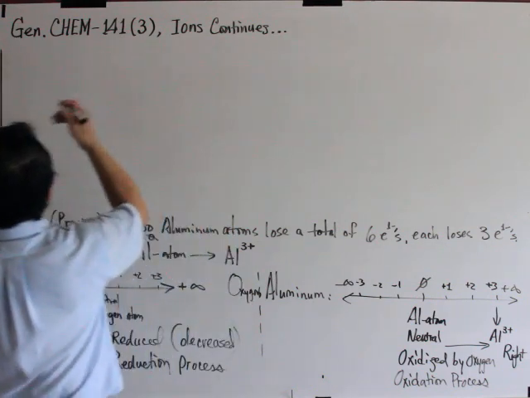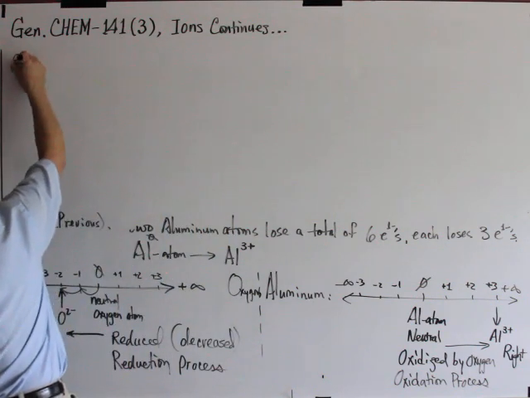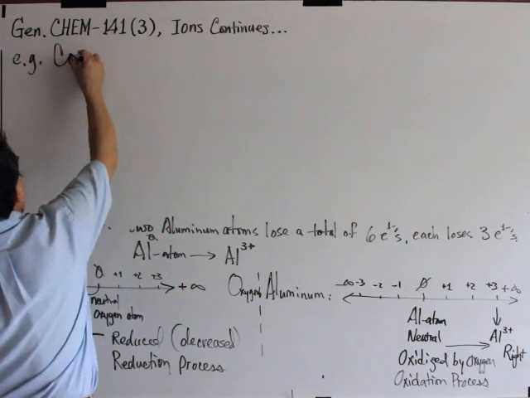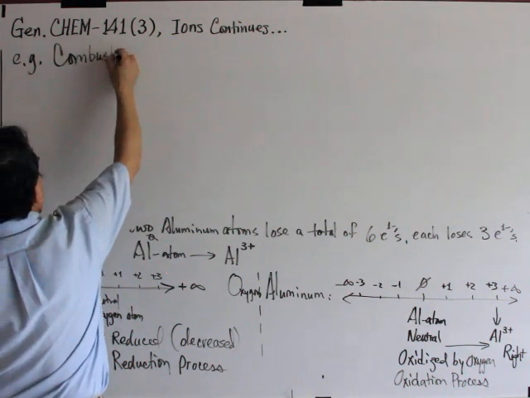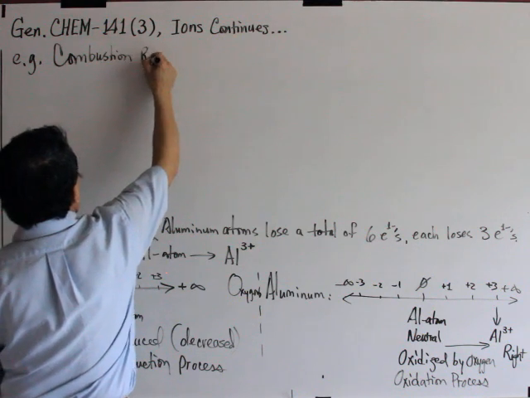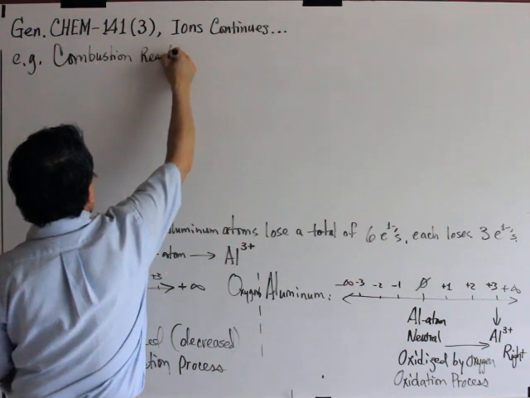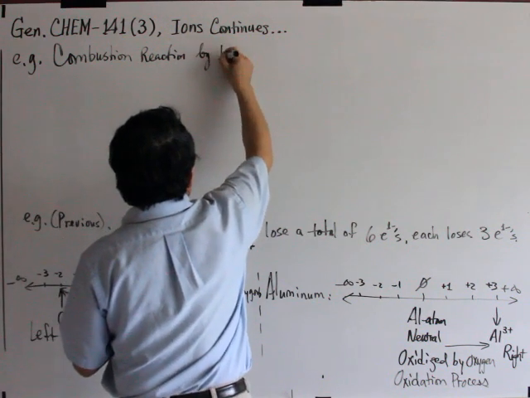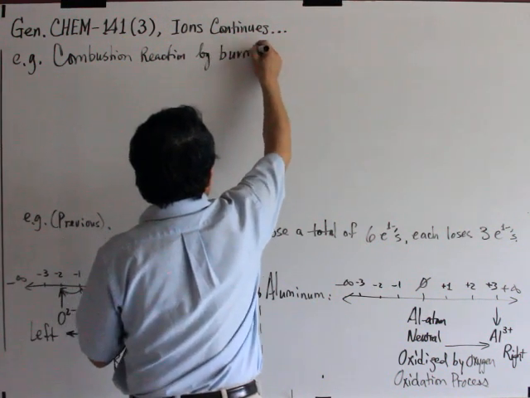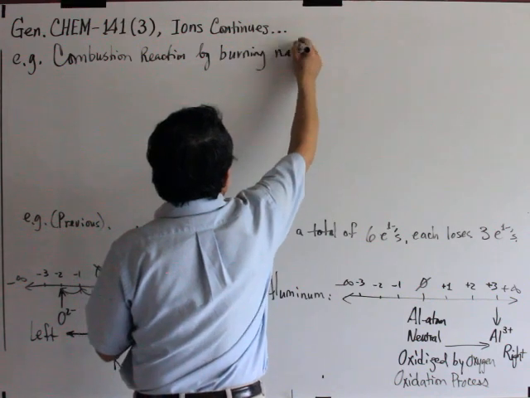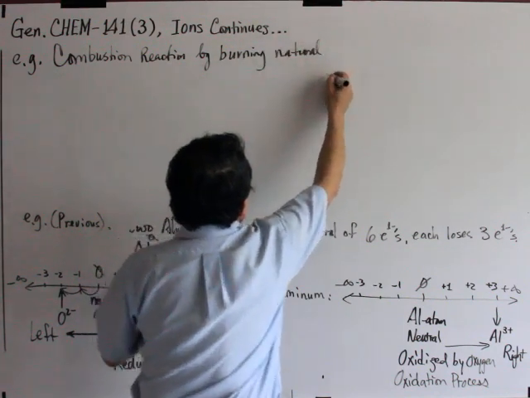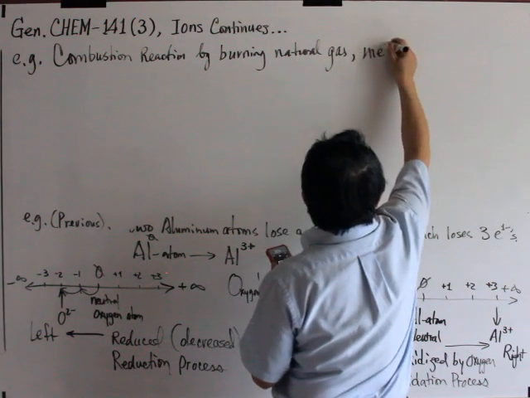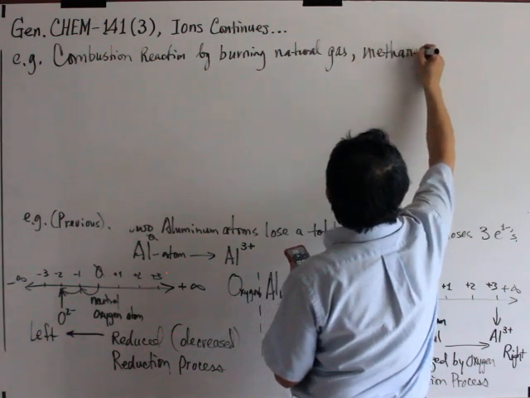All right. So let's give an example. See if we are able to work this out. Example: combustion reaction by burning natural gas, methane, or in English called methane, right?